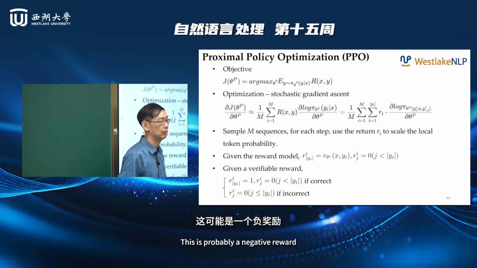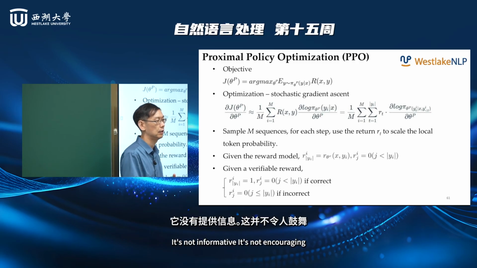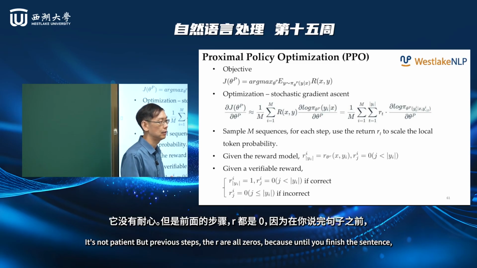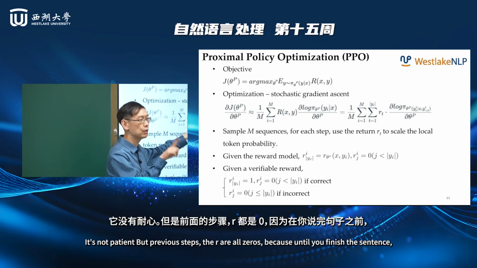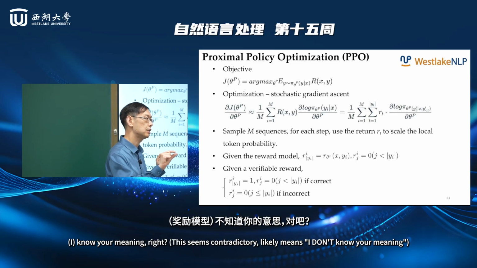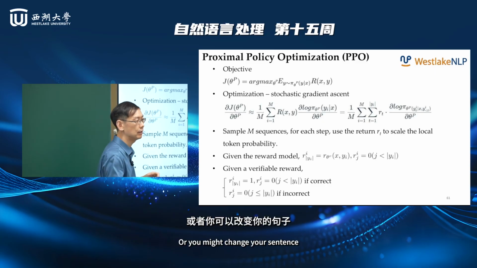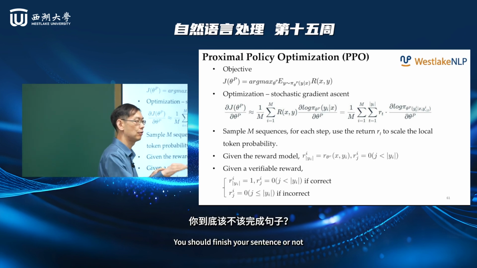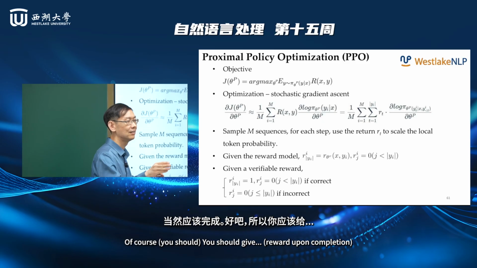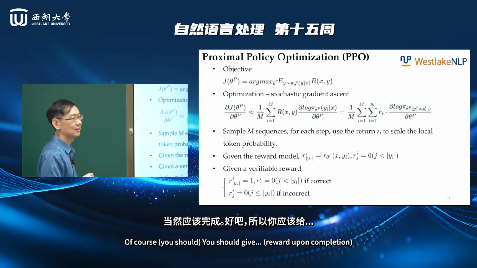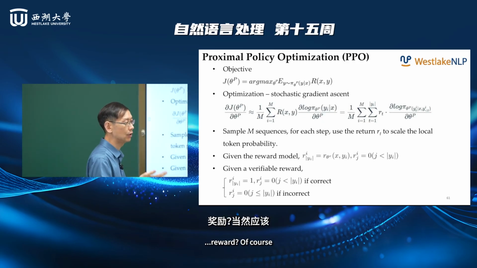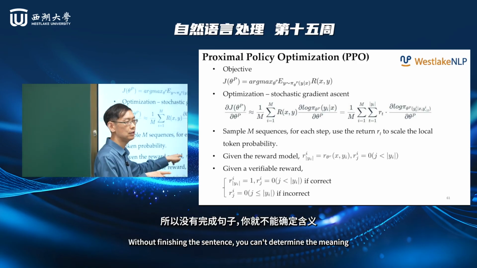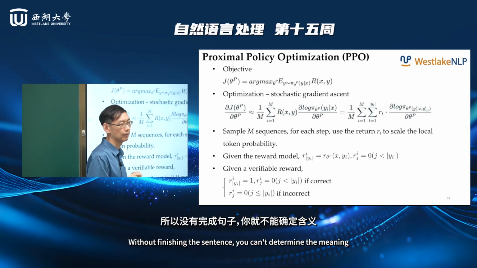This is probably a negative reward. It's not informative, it's not encouraging. But the previous steps, the R are all zeros, because until you finish the sentence, I don't know your meaning, right? Or you might just change your sentence. Should you finish your serving or not? Of course not. So without finishing the sentence, you can't determine the meaning.